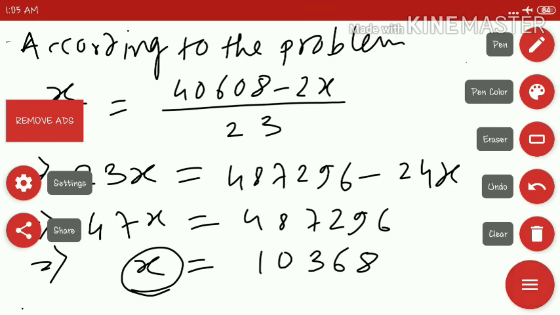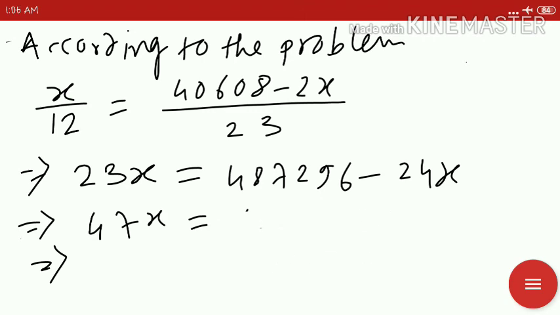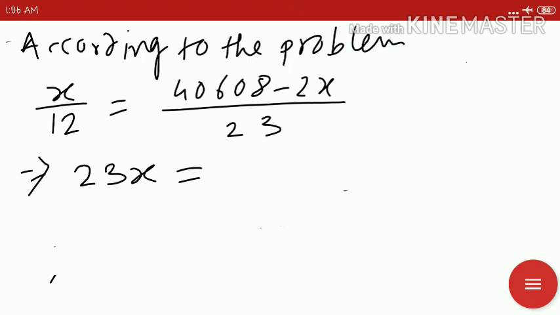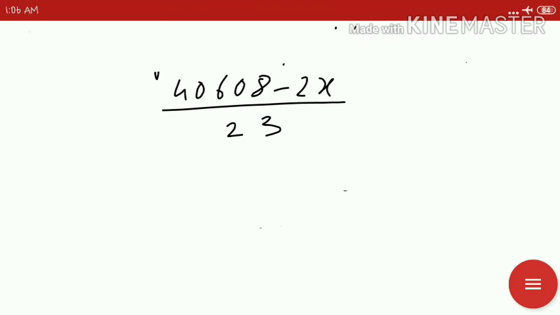So the investments we have got here: one is 10368, and the other should be calculated by subtracting from the total amount of investment, which is already mentioned in your question, that is 20304.